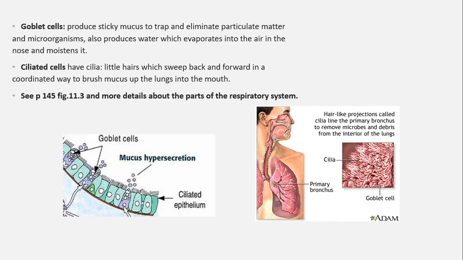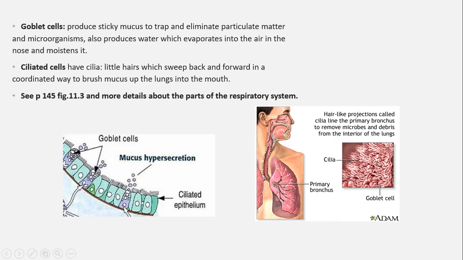So mucus in the digestive system is produced to protect the cells, and here in the respiratory system, it is produced to trap germs, dust and bacteria.